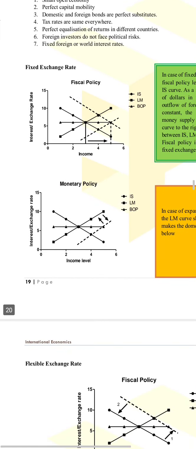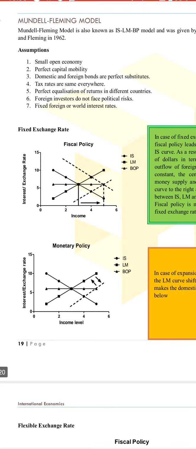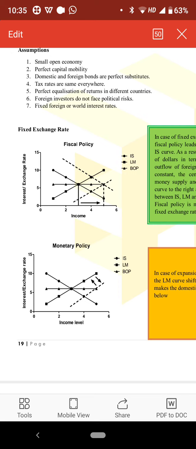The policies that affect it are, first, fiscal policy, and second, monetary policy.